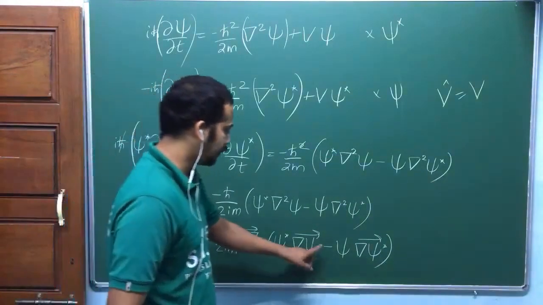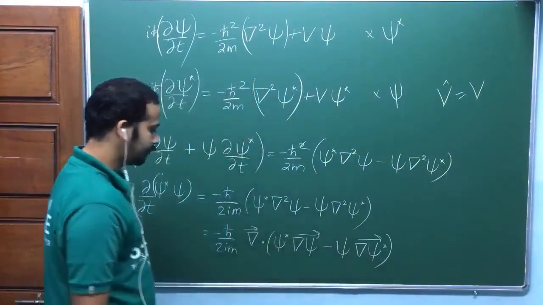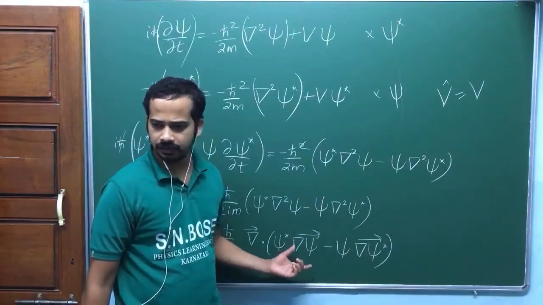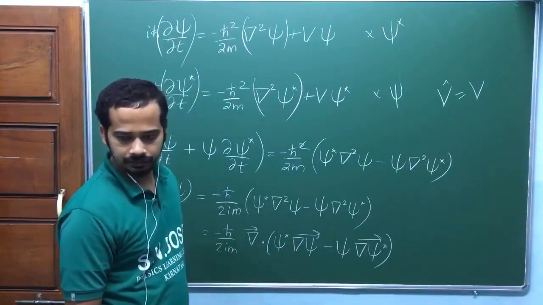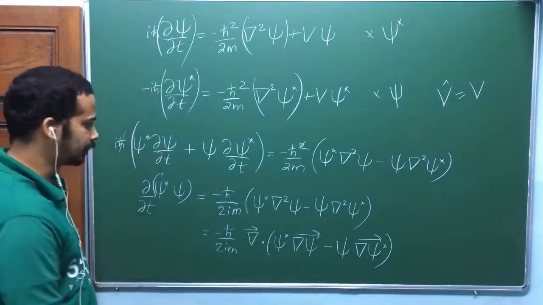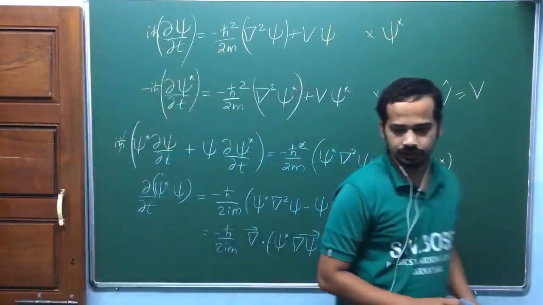That's how we read it, but it is a gradient. I hope you know something about the gradient of a scalar, or just leave it; later you will understand in electrodynamics. You can look back into this equation again.